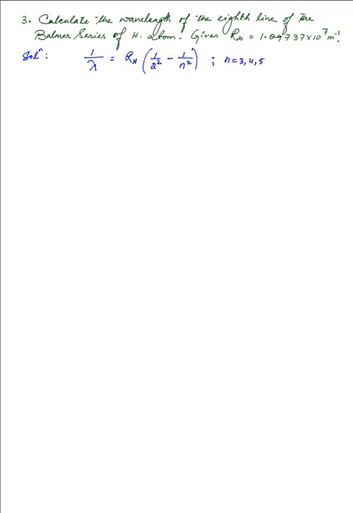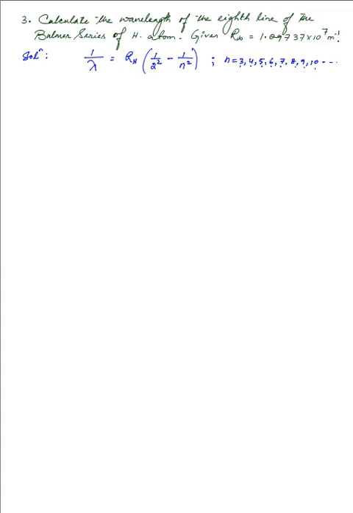But what we wish to obtain here is the 8th line, so we have to go a bit further, that is 5, 6, 7, 8, 9, and when we move to n is equal to 10, then we have the 8th line over there, because the Bohr series starts with the first n1 to be 2. So we have 1, 2, 3, 4, 5, 6, 7, 8. So 10 is the 8th value over there, and that is why that will give the 8th line.